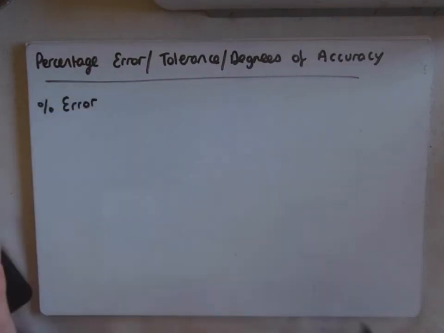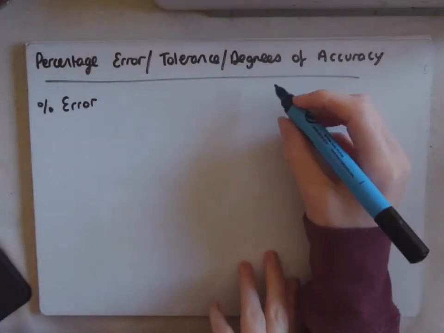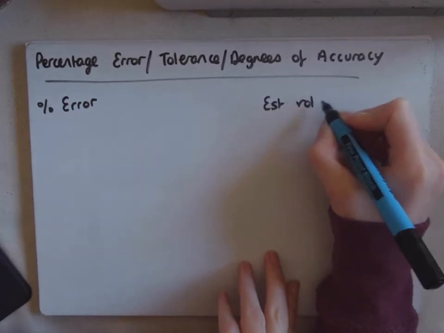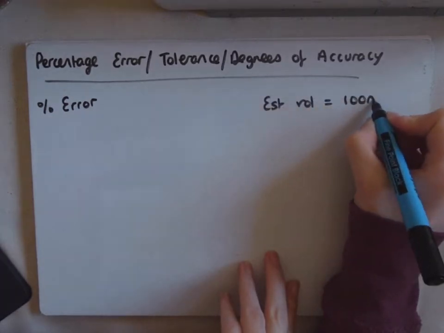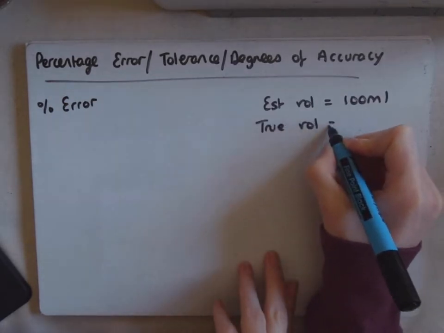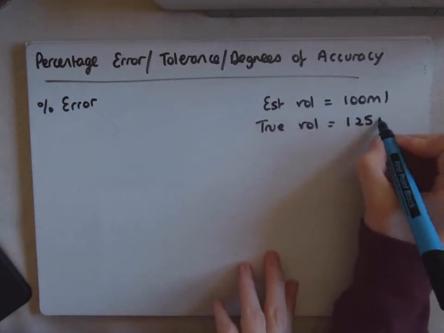Now, you did percentage error in junior cert. Can you remember what the formula is? For example, if I tell you I've estimated the volume of something to be 100 mils, okay, the true volume is 125 mils.